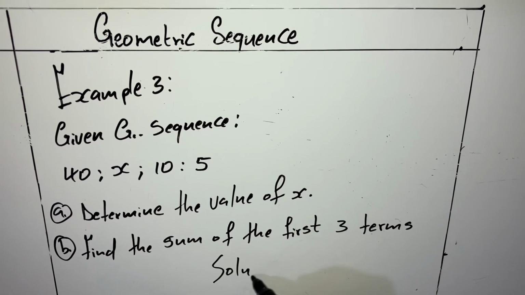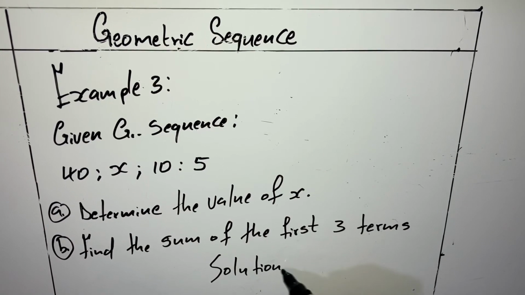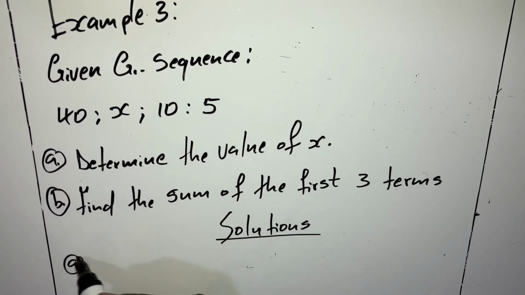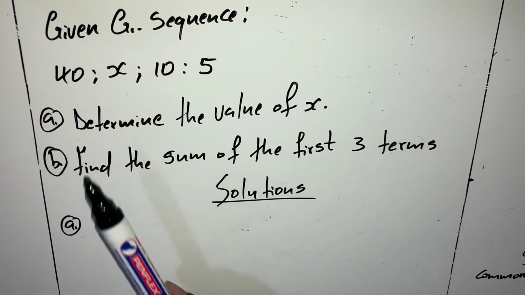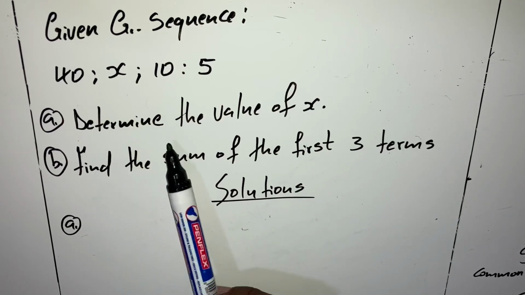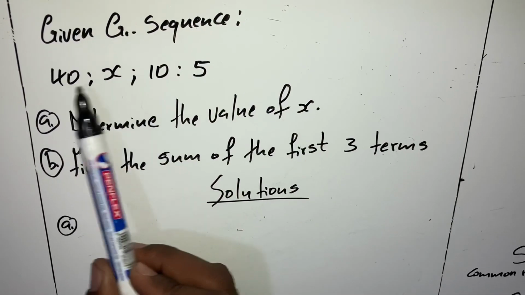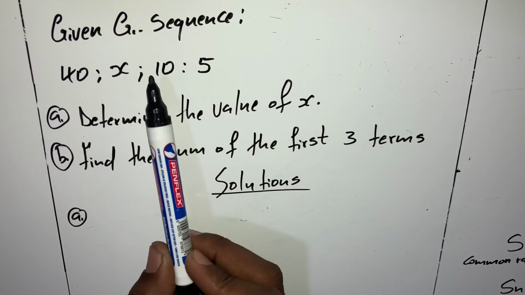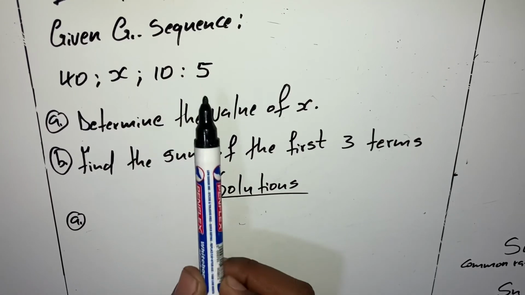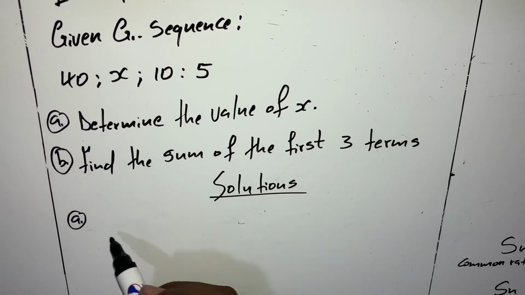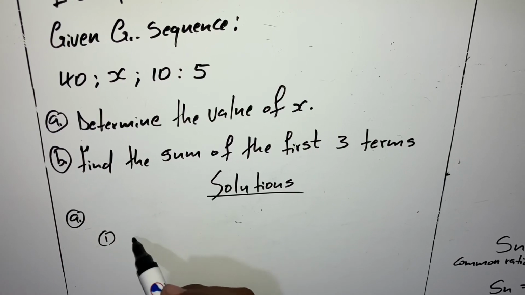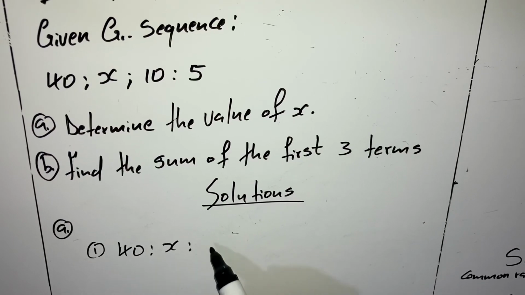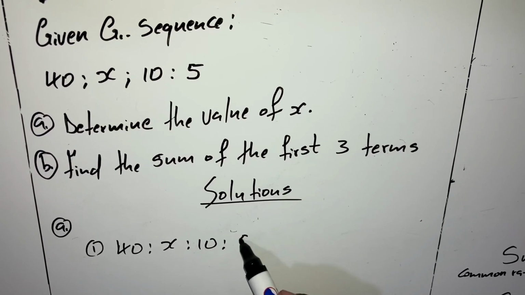So going for our solutions, our A, they want us to determine the value of x. We are given a geometric sequence, 40, T2 is x, T3 is 10, T4 is 5. So Roman figure 1, we are given 40, x, 10, 5.